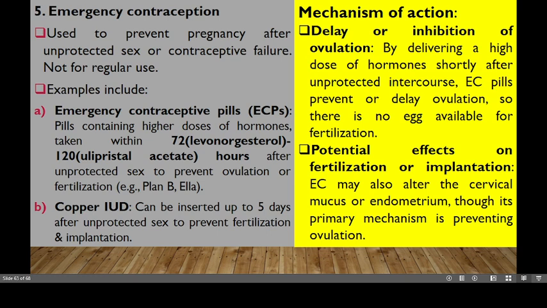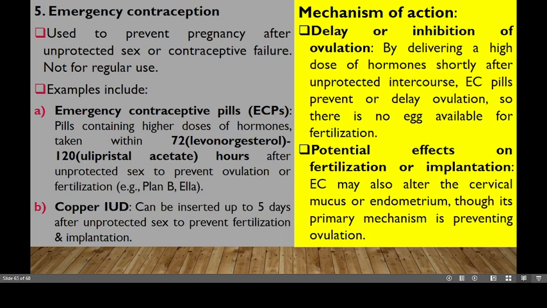We also have the copper IUCD, which can be inserted up to 5 days after unprotected sex to prevent fertilization and implantation, right?